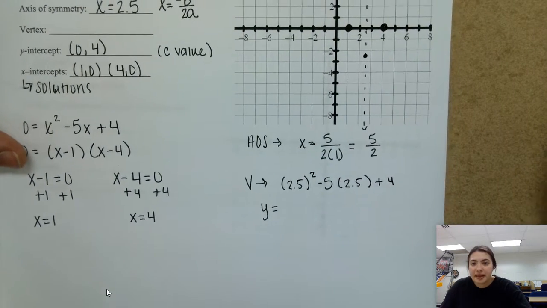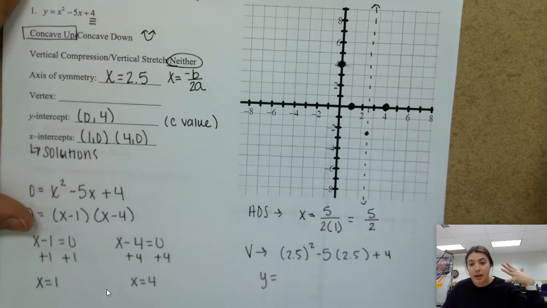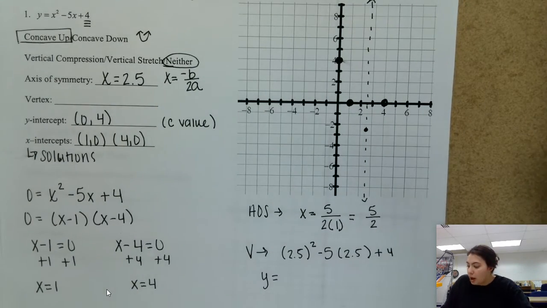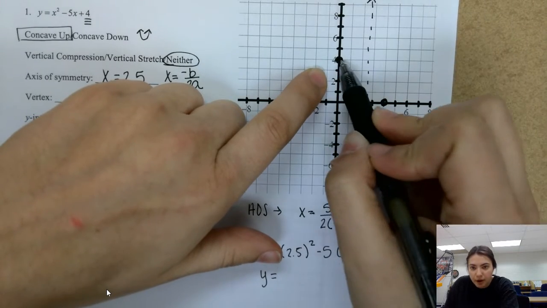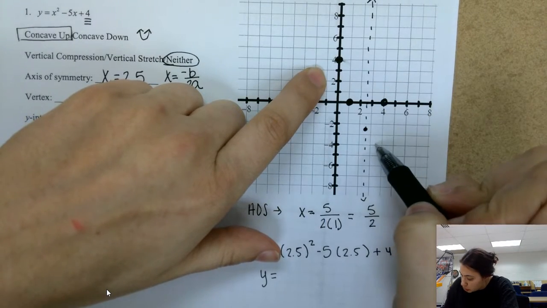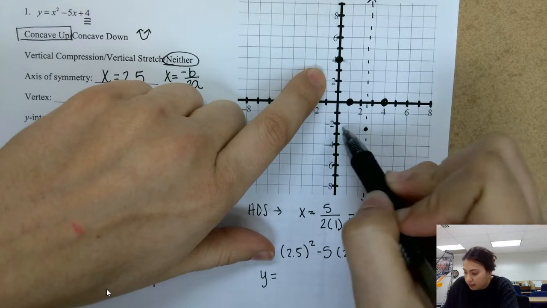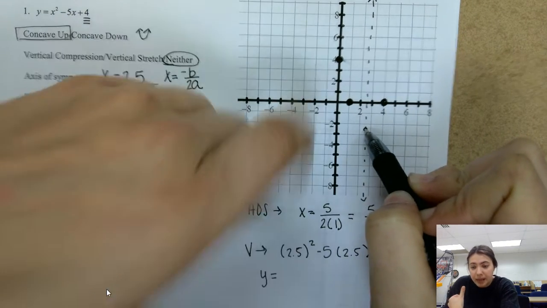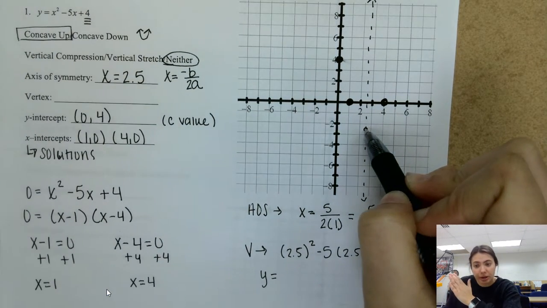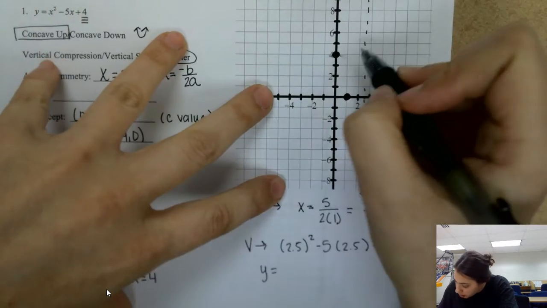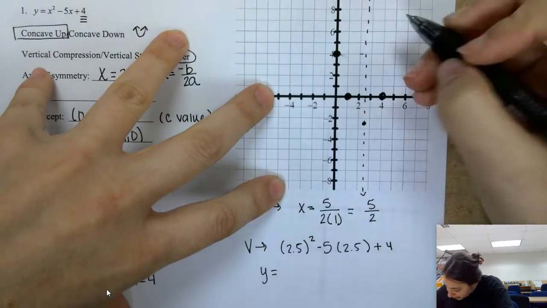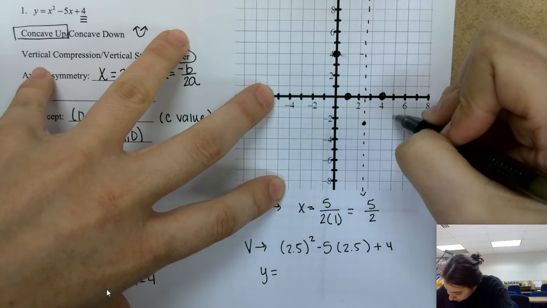Now, because our parabola is always symmetrical, if we know that (0, 4) is 2.5 units away from our vertex to the left, then we can plot that mirroring point, 2.5 units to the right, at 4, all the way right here.